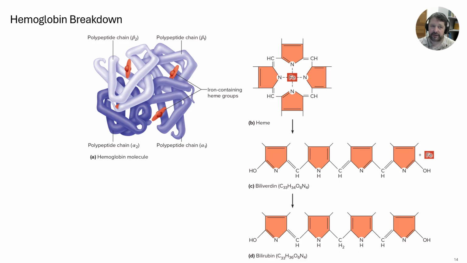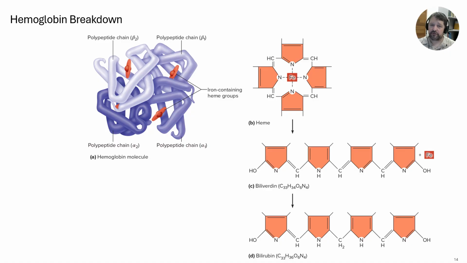Just looking at hemoglobin itself, again it consists of four polypeptide chains. These are four proteins: beta 1, beta 2, alpha 1, alpha 2. When it comes to sickle cell, it's these beta chains that are mutated.